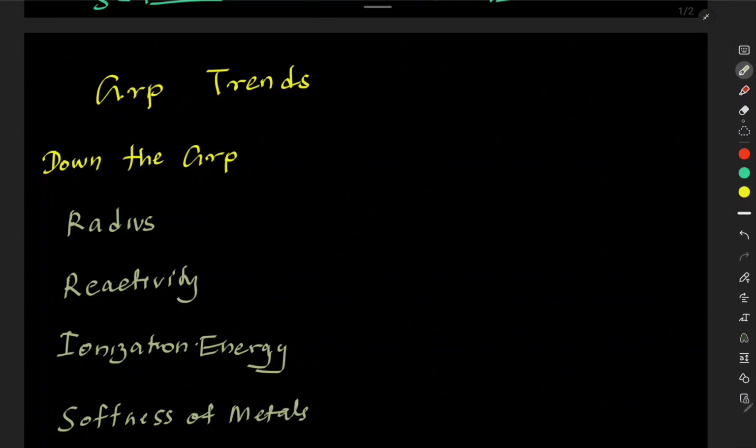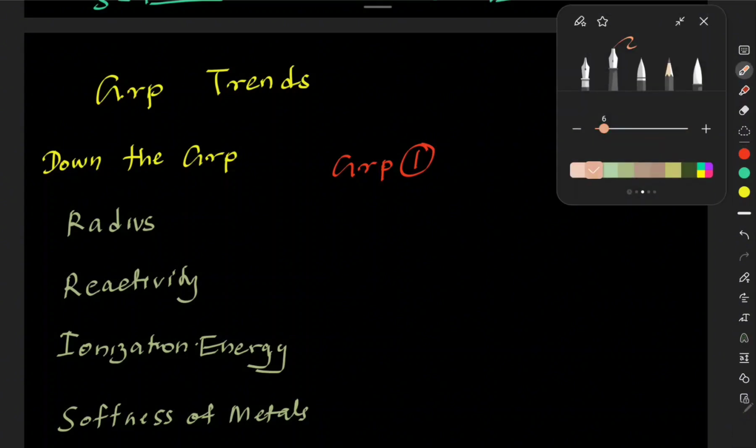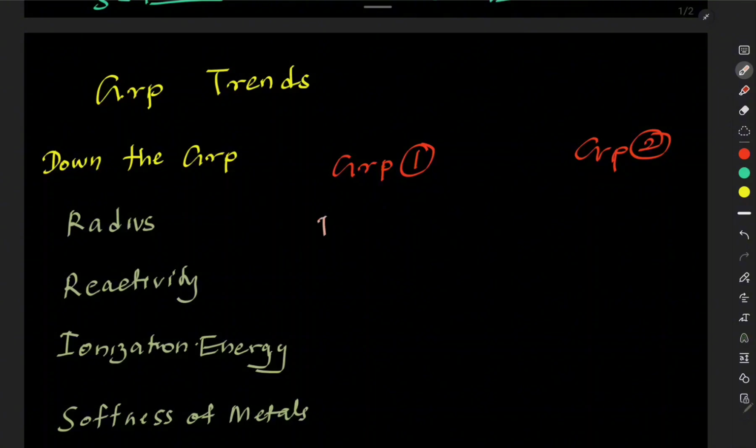Radius, as we know, when going down the group, the radius increases.